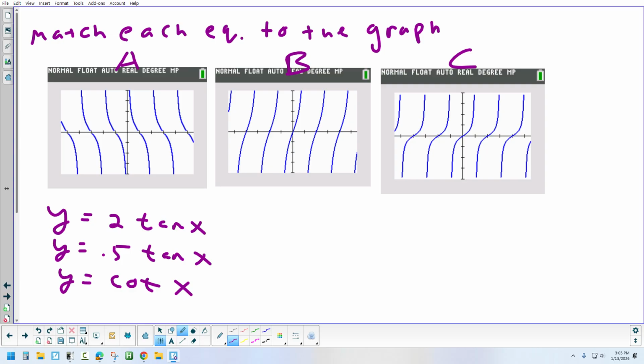Which graph, tangent or cotangent, always has negative slopes? Cotangent. So since there's only one choice for cotangent, and there's only one graph up here that has negative slopes, the first graph, A, has to match with y equals cotangent x.